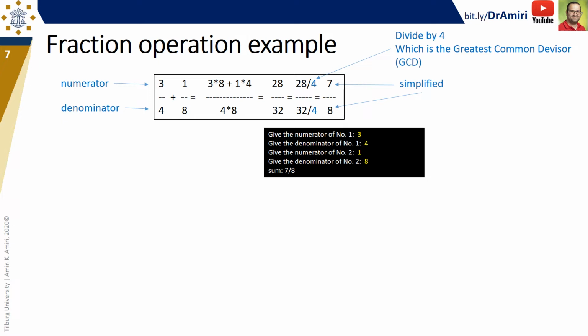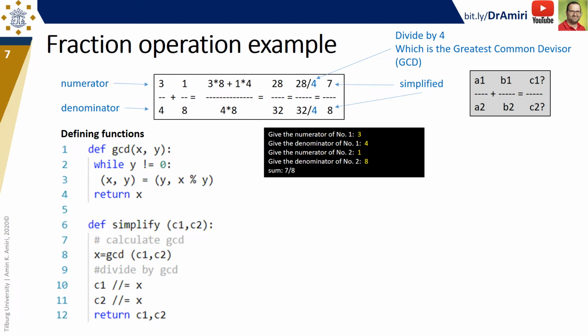So as you can see in the black part of this slide, our program gets the first fraction 3 over 4 and the second fraction 1 over 8 and calculates the sum, which is, in this case, C1 and C2.